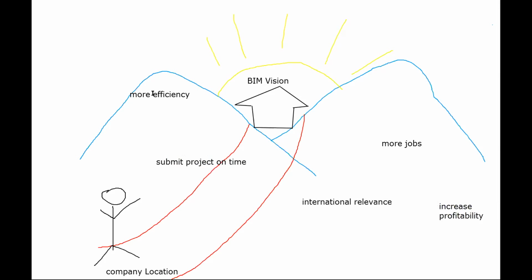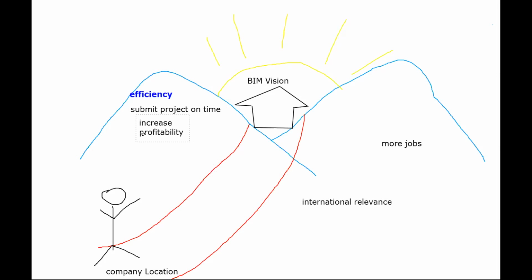I can come here and say, okay, this one that you have done here, let's have this as a title and call it efficiency. And under efficiency, obviously, submitting projects on time should be there.